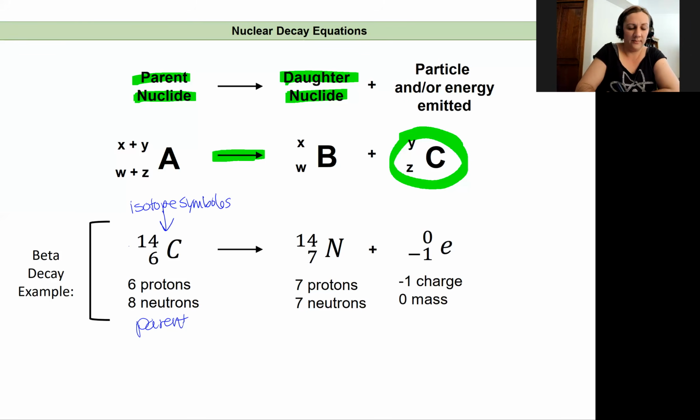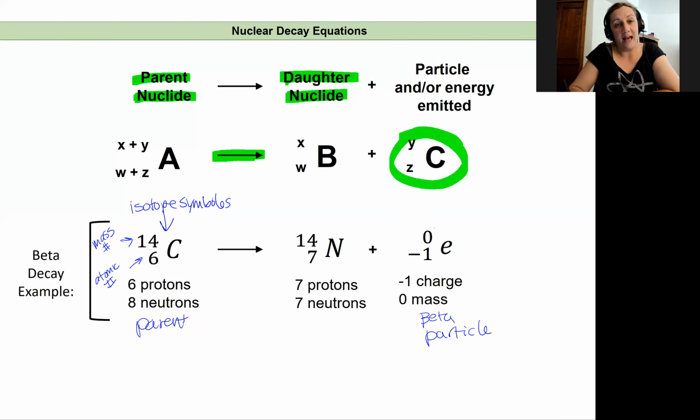We have its mass number, and we have its atomic number, which is characterized by the number of protons. And it decays. It's going to release what we call a beta particle. A beta particle has a really negligible mass, and it has a charge of -1, which is basically the same thing as saying it's kind of like its atomic number, right?